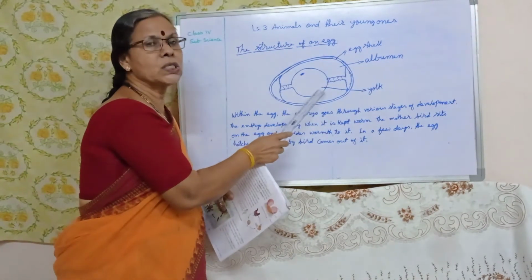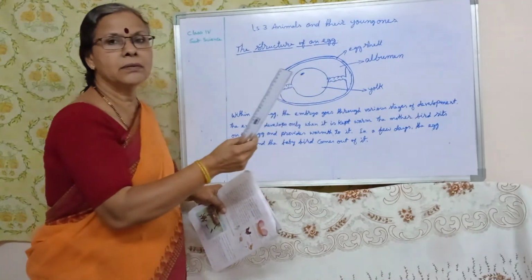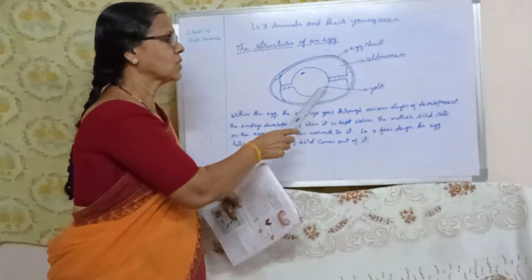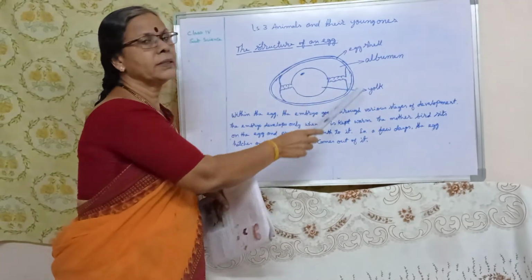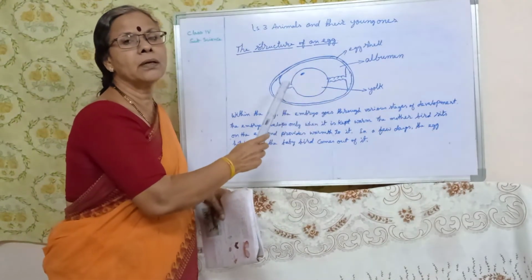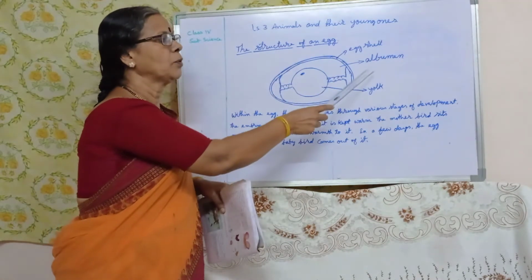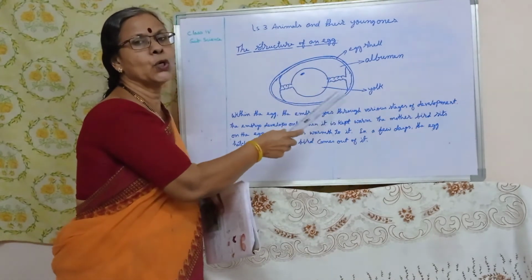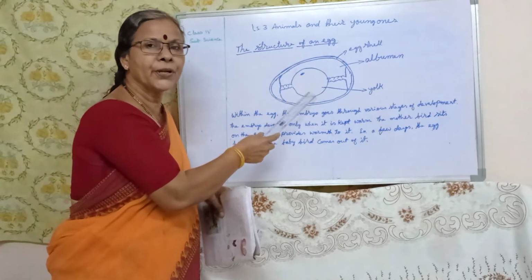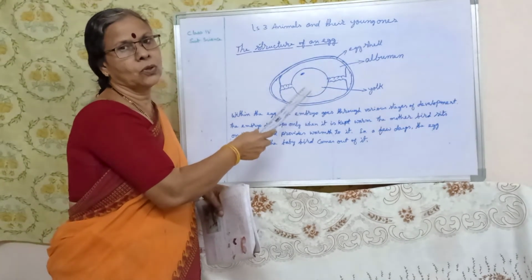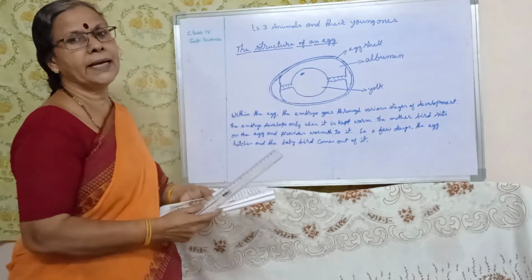And the yellow substance, which is a little bit hard, is called a yolk. And the whole thing, the growing baby, is called an embryo. Albumin provides water, and the yolk provides food to the embryo. All of you, did you understand?